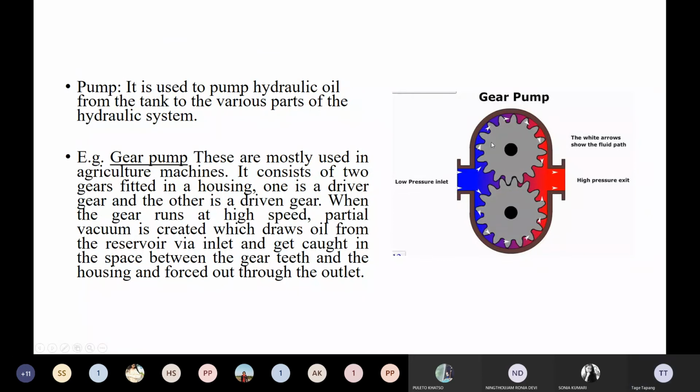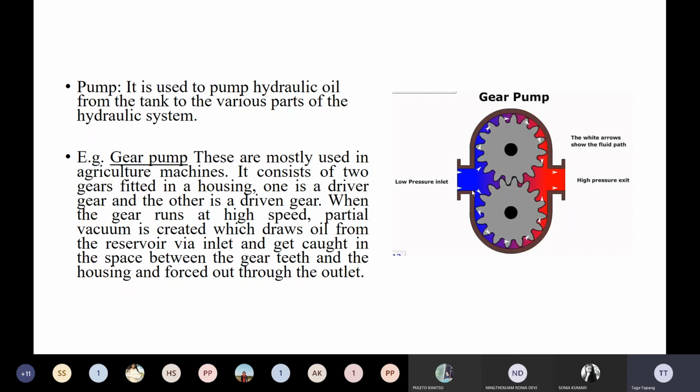Now the pump will rotate, the gear will rotate, and due to the rotation of this gear, whatever fluid is trapped inside the gear teeth is being forced out on the right hand side, the high pressure exit.